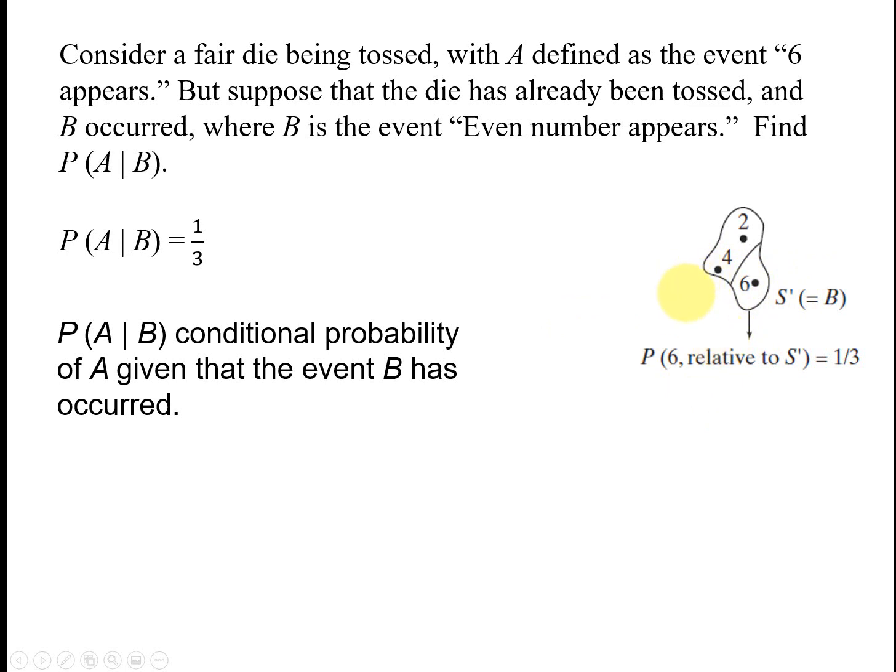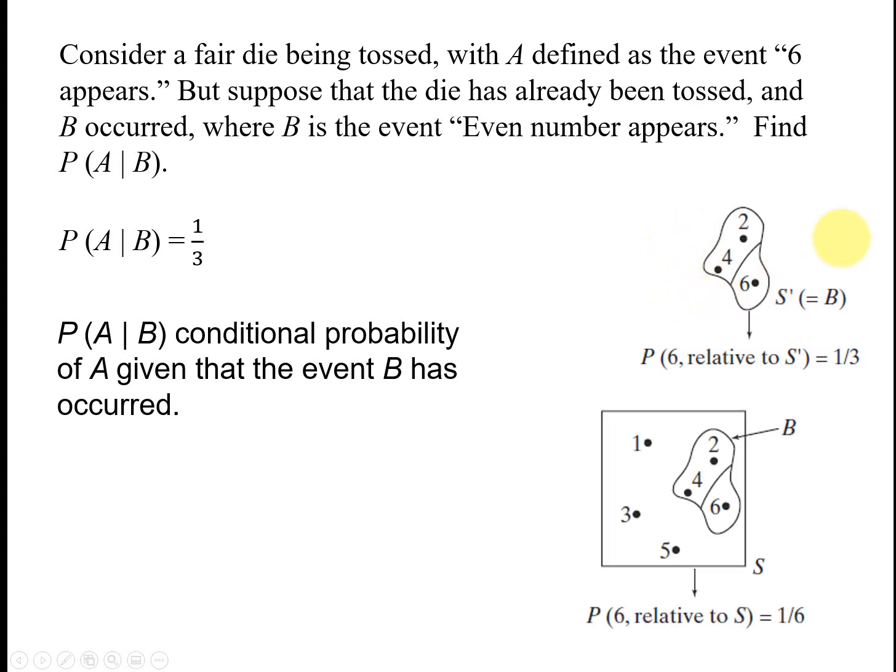We were given that an even number appears, there's 3 outcomes, and we wanted to figure out that the 6 appears. So 1 out of these 3 appears, so the probability of A given B equals 1/3, and this is the conditional probability.